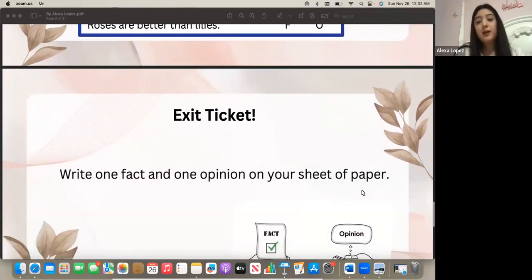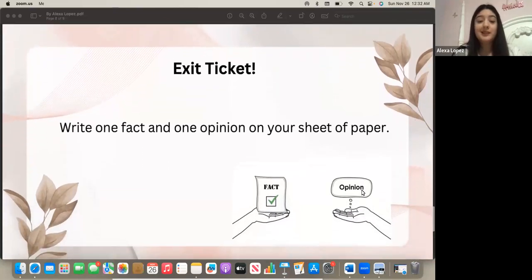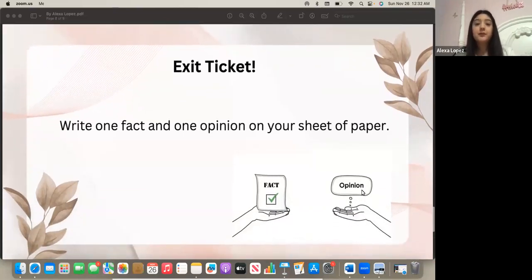Okay, let's move on. One last thing before you guys head out. So your exit ticket. Your exit ticket is to write one fact and one opinion on your sheet of paper that you took out earlier, right? So you're going to write one fact on your paper, and you have to write in a complete sentence. It just has to be one sentence, and then you're going to write another sentence with an opinion.